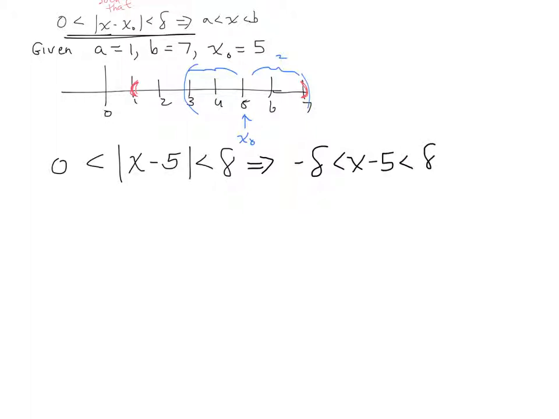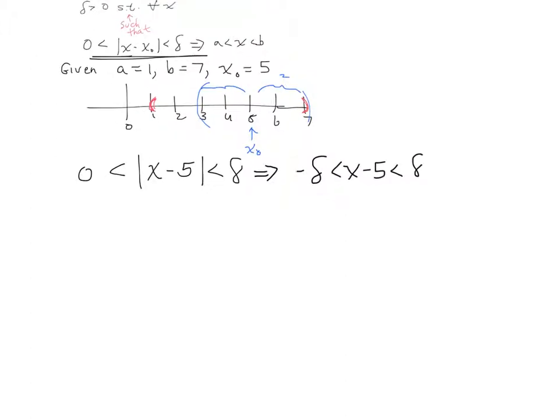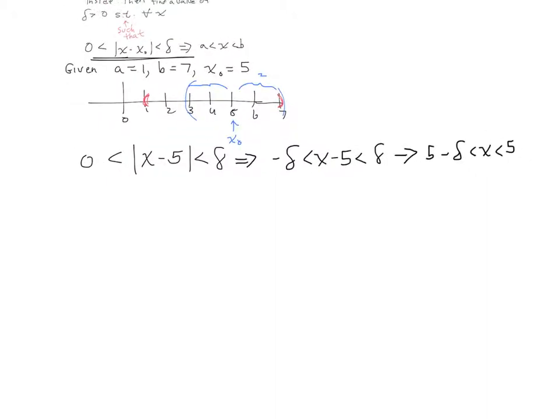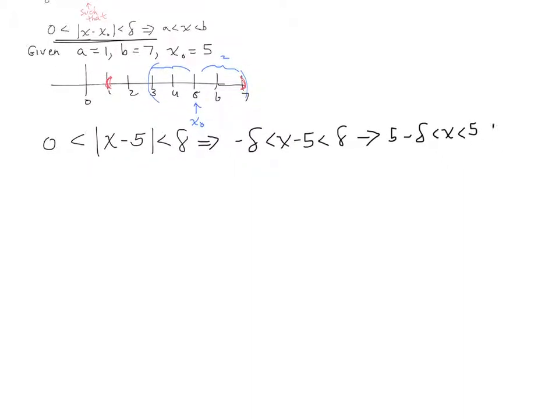Now if I solve this, all I'm going to do is add 5 to each piece. So this implies 5 minus delta less than x less than 5 plus delta. Hopefully that's not getting too small.